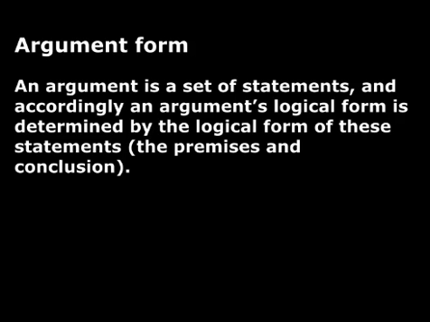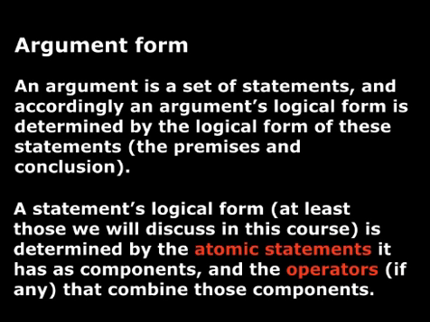An argument's logical form is going to be determined by the logical form of these statements, the premises and the conclusion. Now, a statement's logical form, at least insofar as we're going to be talking about it in this introductory course in logic, is going to be determined by the atomic statements that that statement has as components and the operators, if any, that combine those components.